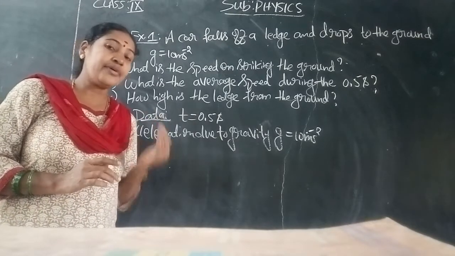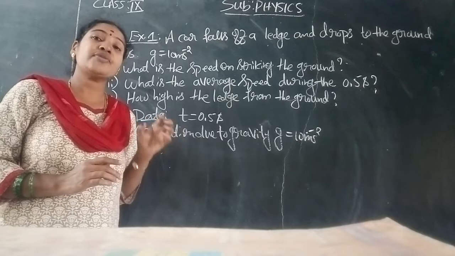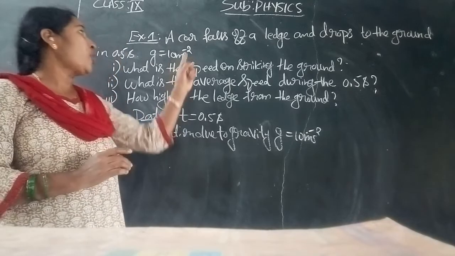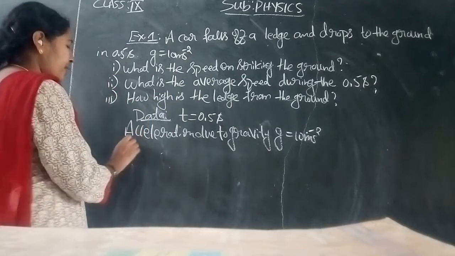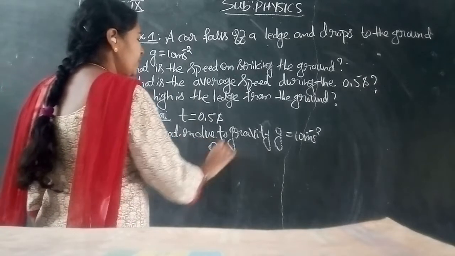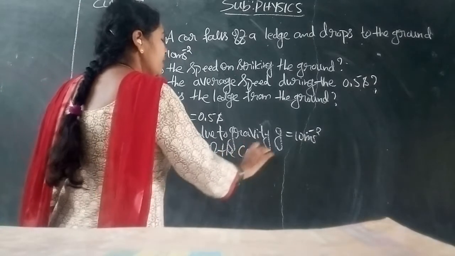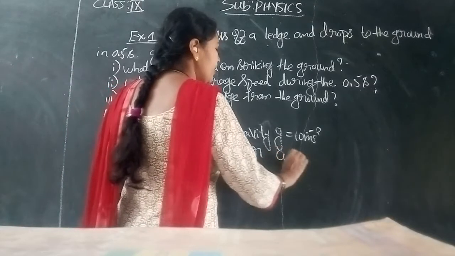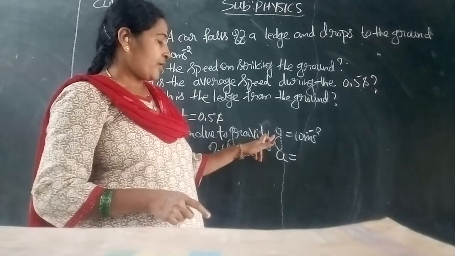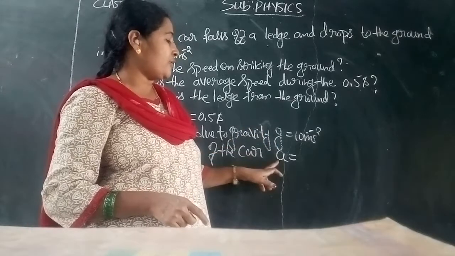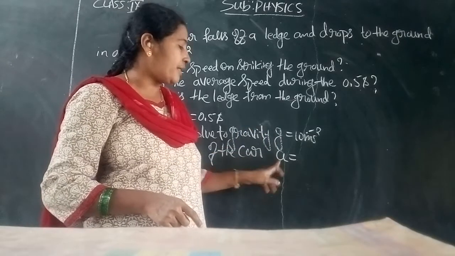Acceleration due to gravity is different, acceleration of the object is different. Here the object is a car, so acceleration of the car, that is a. In terms of a we write acceleration of an object, and acceleration due to gravity we write in terms of g.